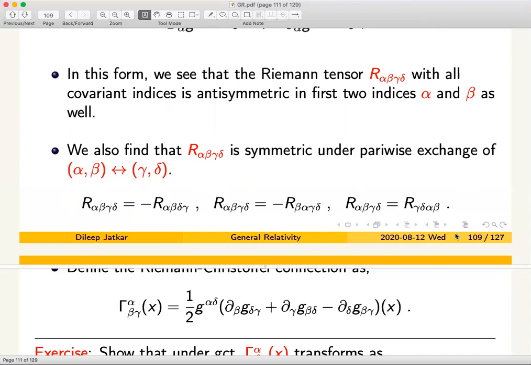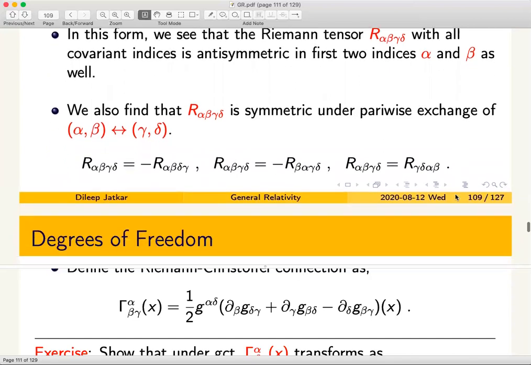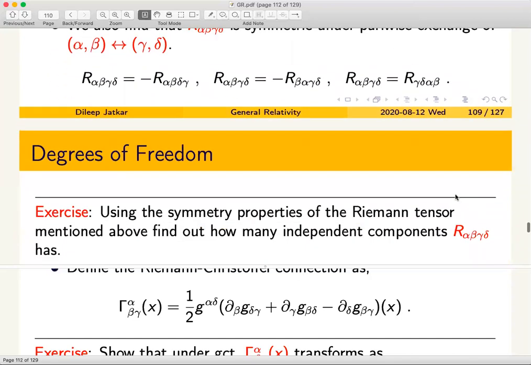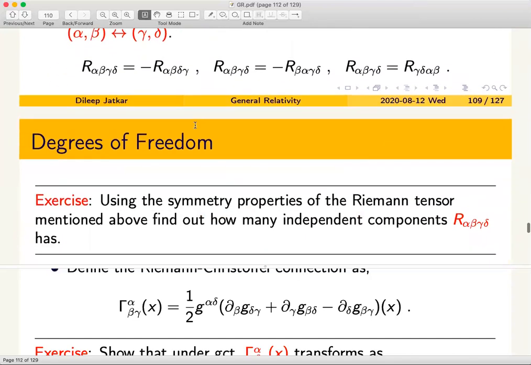Okay, if not, then let's proceed with this. So there's a small exercise now, and that is that alpha, beta, gamma, delta are four-dimensional indices. So each index can take four values. Okay, take these symmetry properties, of which some of them we knew earlier, but nevertheless they are all listed here. Take all these symmetry properties and compute how many independent components R alpha beta gamma delta has.